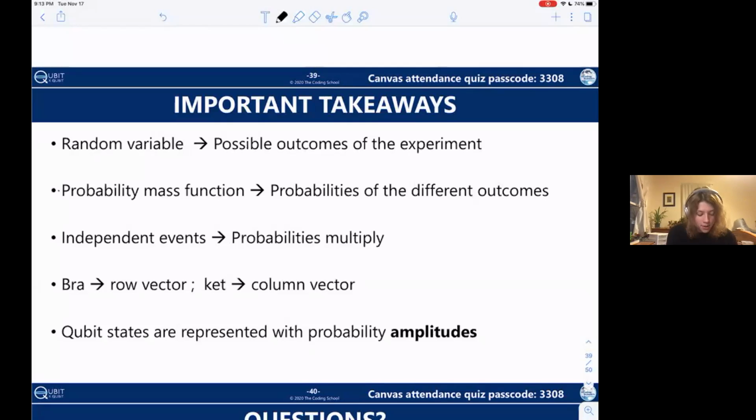Our probability mass function describes the probabilities of what this random variable will give you. Each of the possible outcomes has a certain probability, and this function describes those.